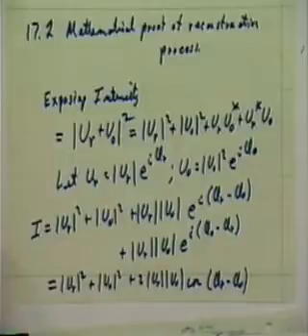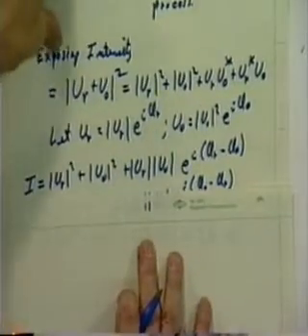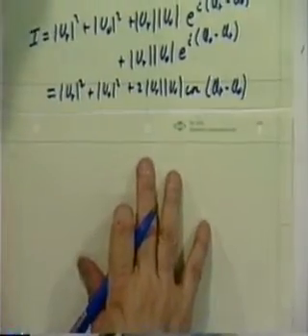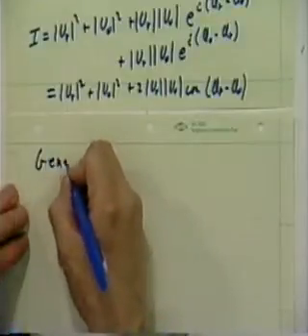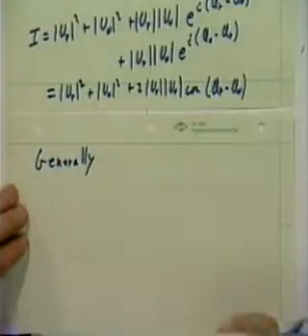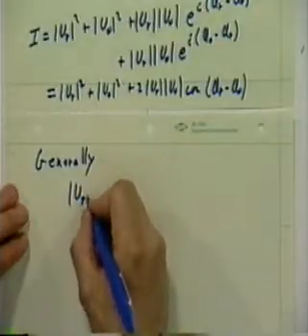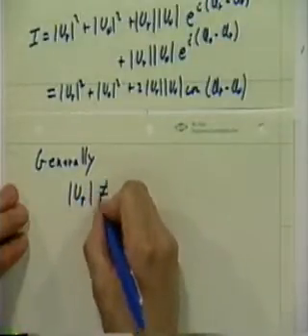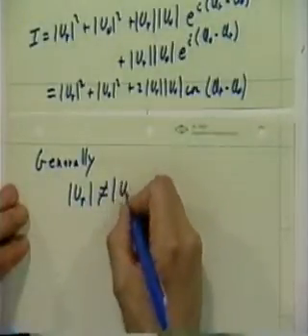Okay. Now, generally here, we could say that the magnitude of U sub r is not a function of position.